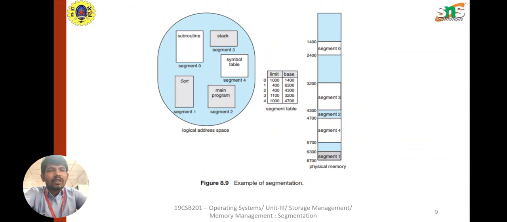For example, segment 0 has a limit of 1000 and a base address of 1400, so it is placed from 1400 to 2400. The other segments follow the same way. Depending on the base and limit, each segment is placed in the physical memory.